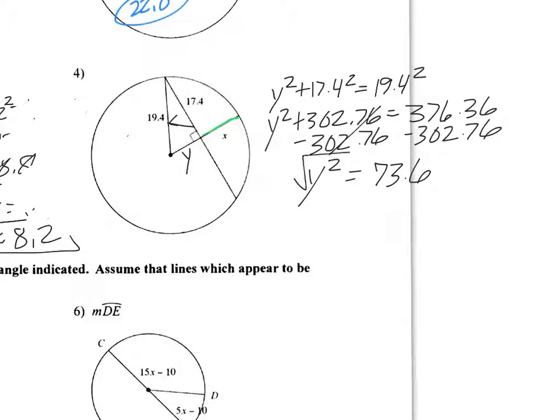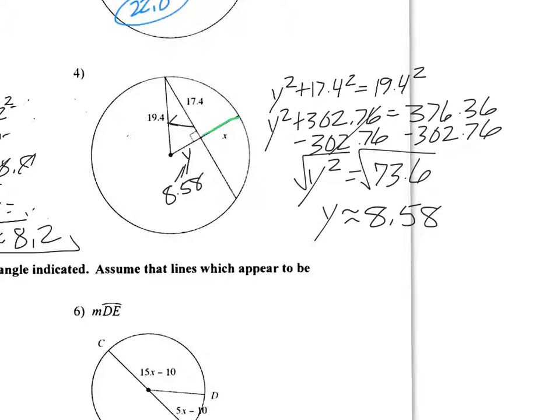Take the square root, and we get, okay, I'm going to say 8.58. I'm going to go 2 decimal places here. Now, that is y. So this is 8.58. But I need to find x.